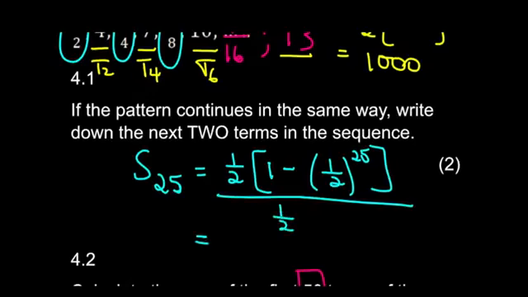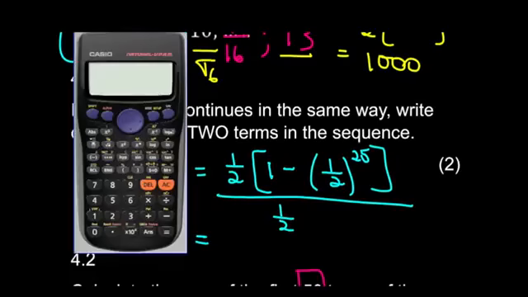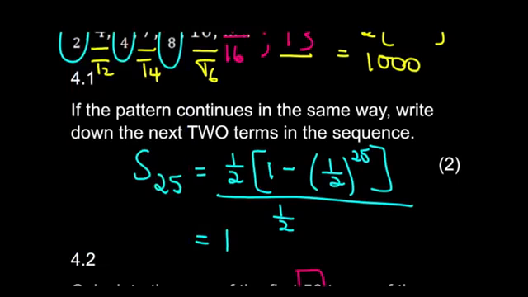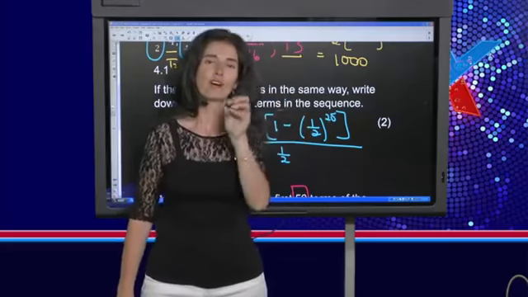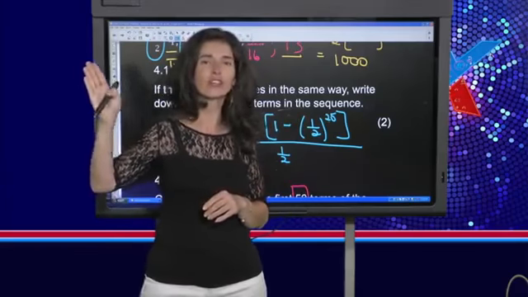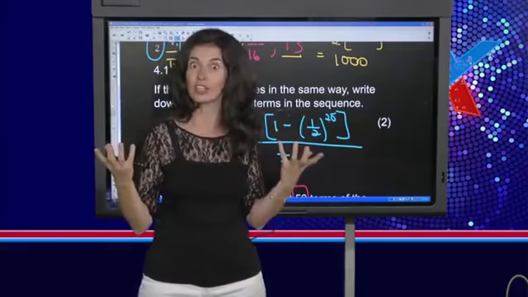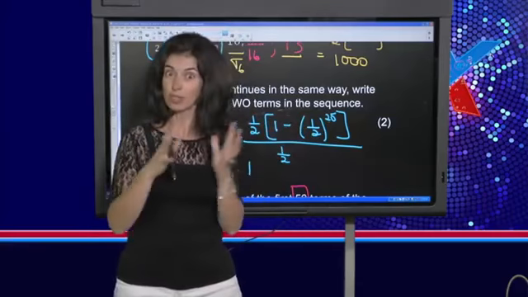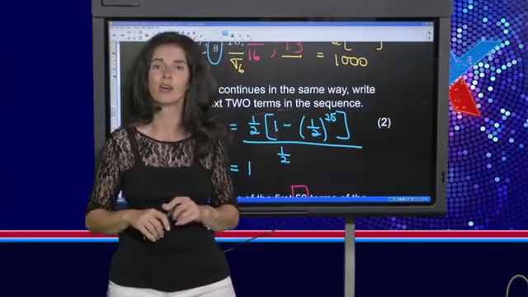So our sum of 25 would be very small. It would be 1 comma something. 1 minus 0.5 to the power of 25, so it would be about 1. Because that half, a quarter, eighth, that fraction is getting tinier and tinier, so it's getting closer and closer to 0, so it's becoming a negligible number that you're actually adding. So the sum total of those two sequences would be 1001.